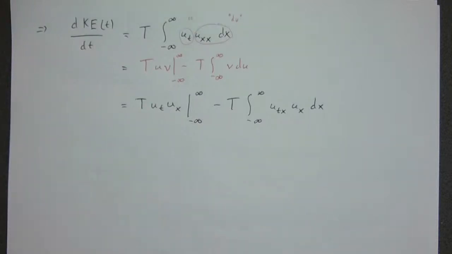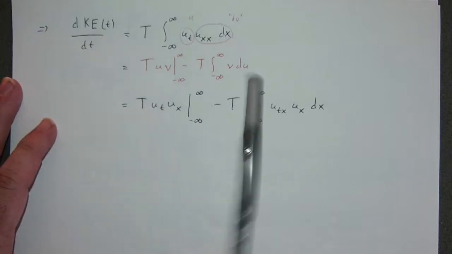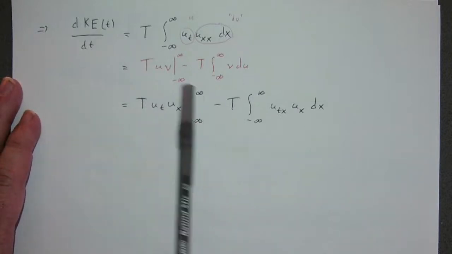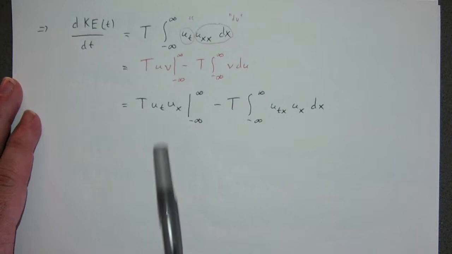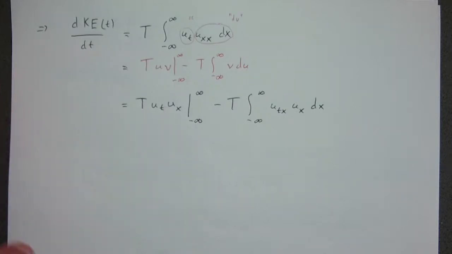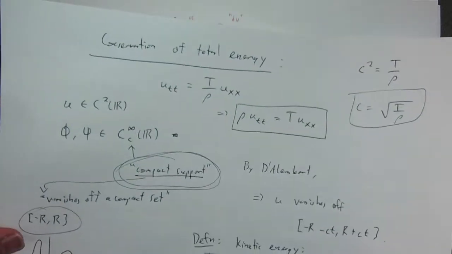Okay, now here's a very important step here. Terms like this, when I do this process, I do not want sticking around. I want those to disappear. So I have to ask myself, is there a reason why I can justify this term being 0? Well, yes, of course.